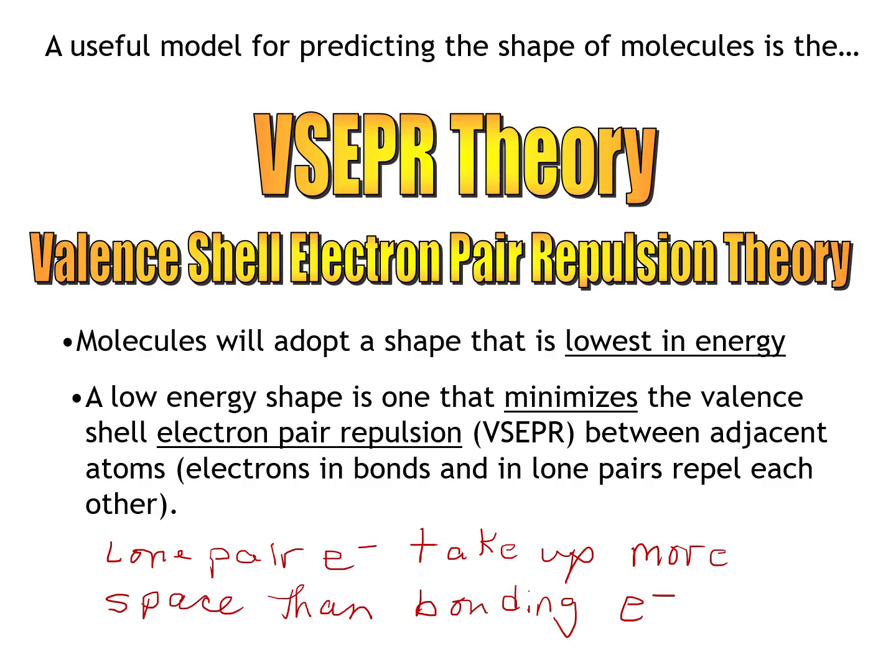Remember, with the bond, the electrons are localized between those two nuclei, whereas with the lone pairs, they only have one anchor point. So yes, they take up a lot more space. And this actually has an impact on the bonding angle. We'll see some examples of that in just a minute.